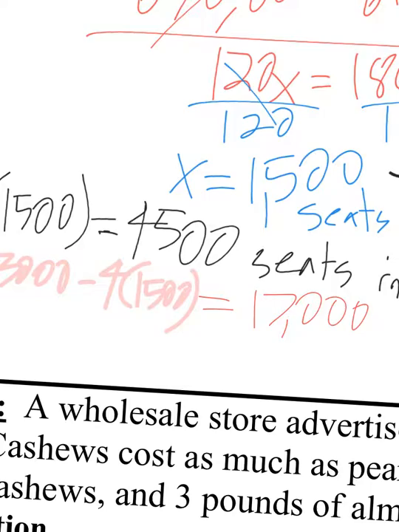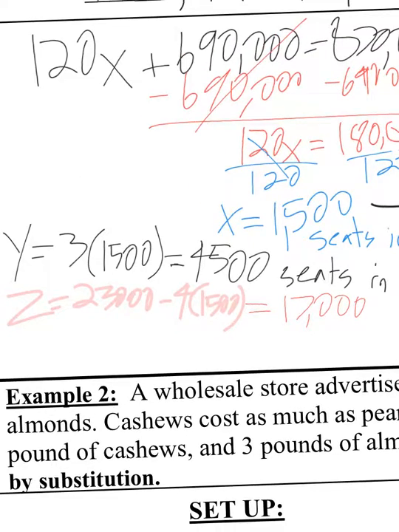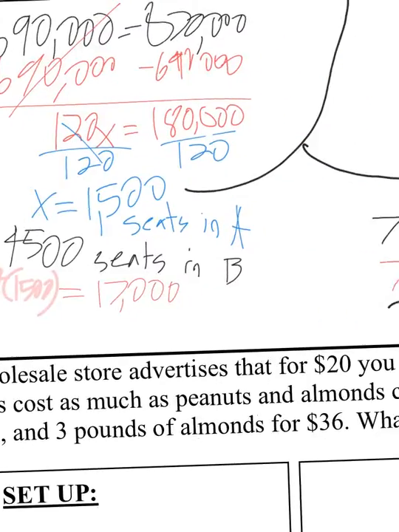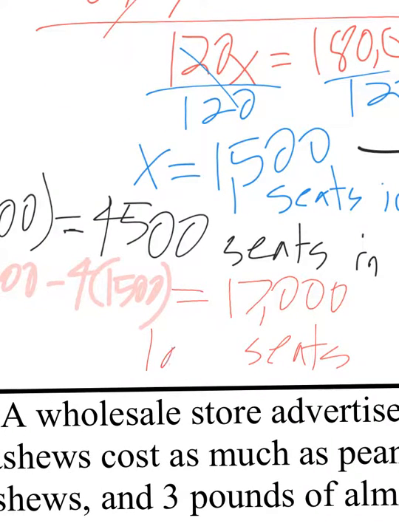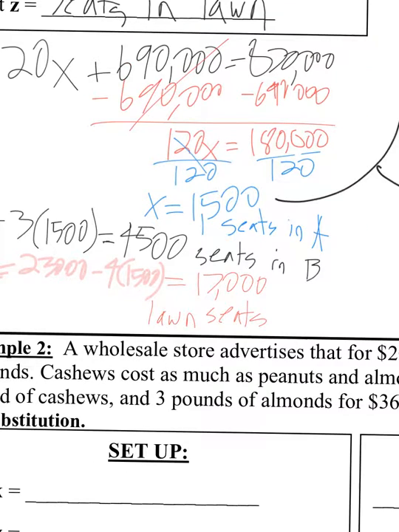There, I like the pen over the marker. So it equals 17,000. What does that mean? That means seats in the lawn area. Or so how about I just say lawn seats. 17,000 lawn seats. So we got our 3 answers, okay? So it's a bit of a mess, but I hope it had a nice logical flow to it.